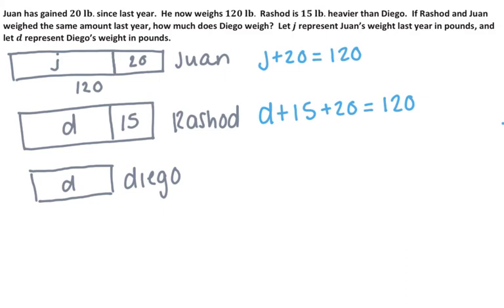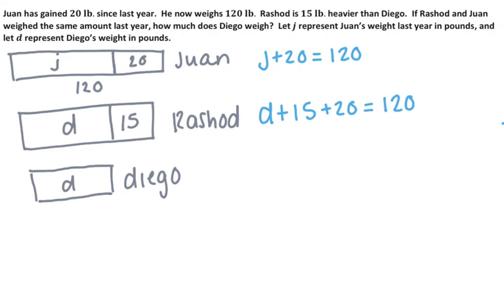So lastly, how can we use Diego's tape diagram or the two equations that we came up with to answer the question of what is Diego's weight in pounds? So by combining 15 and 20 from Rashid's equation, we can use our knowledge of addition identities to determine Diego's weight.